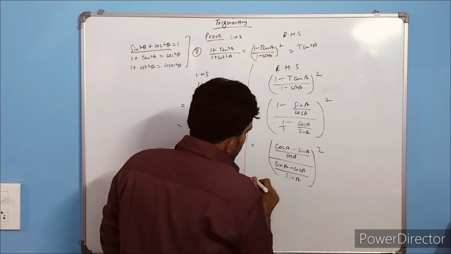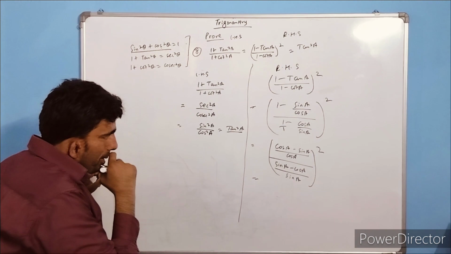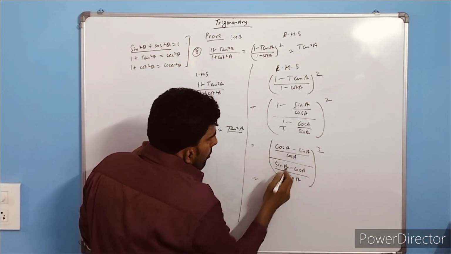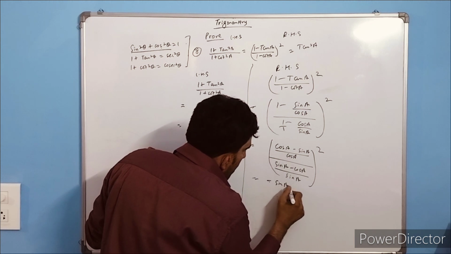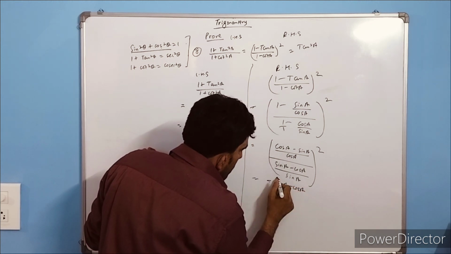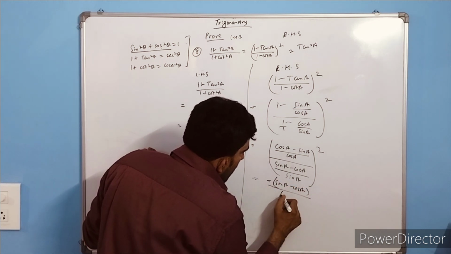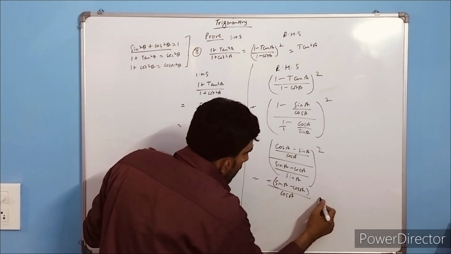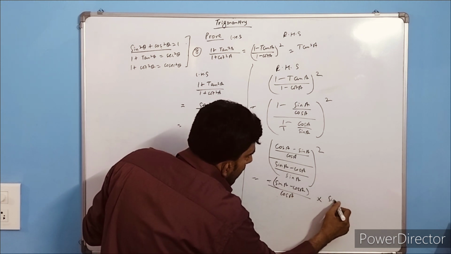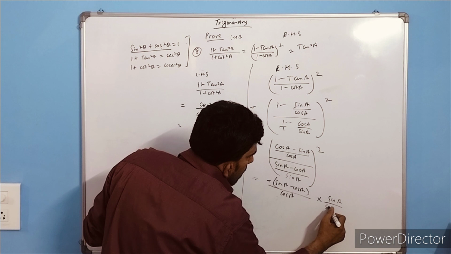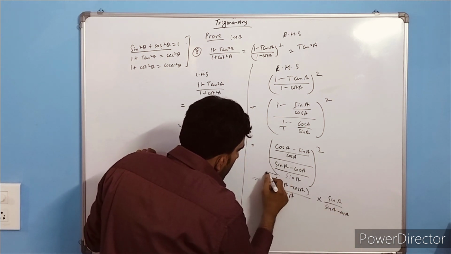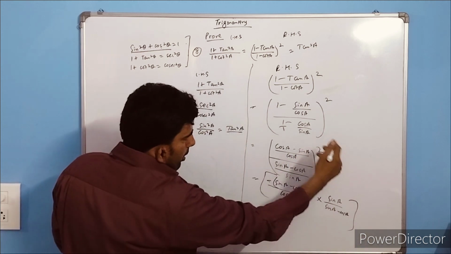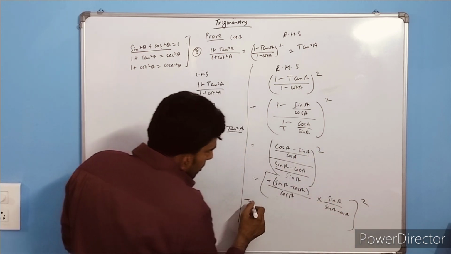whole square is equal to, what we can do is take the minus sign common from here. So (sin A minus cos A) upon cos A into sin A upon (sin A minus cos A). Okay, so we have taken the square.